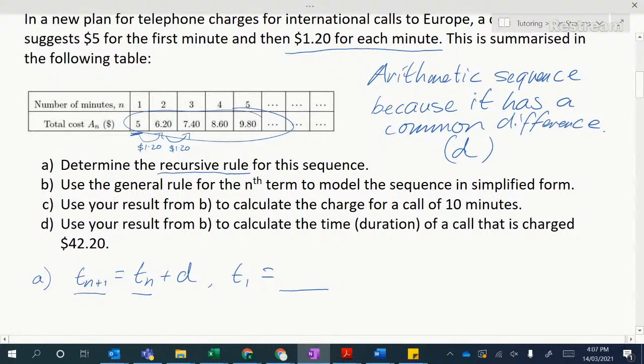So what this rule is saying is, to find the next term, you take the current term and add the common difference, and we've already talked about what the common difference is. Essentially all you need to do for this question is substitute in values into the place of the common difference and tell me what the first term is.